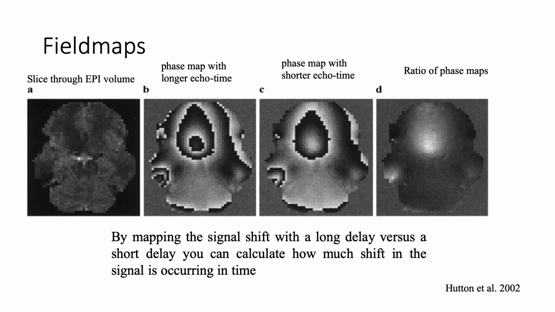Some of the most common field map sequences require two images with different echo times, and the change in that echo and phase from one to the other is supposedly proportional to the field inhomogeneity that you're trying to adjust for or correct.